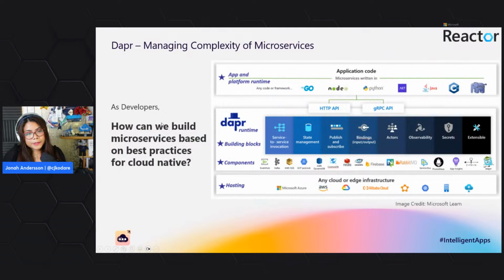And sometimes we have this question as developers or cloud engineers: how can we build microservices based on best practices for cloud native, especially when it can be very complex?